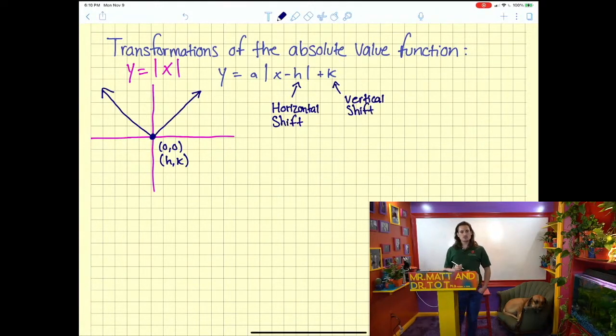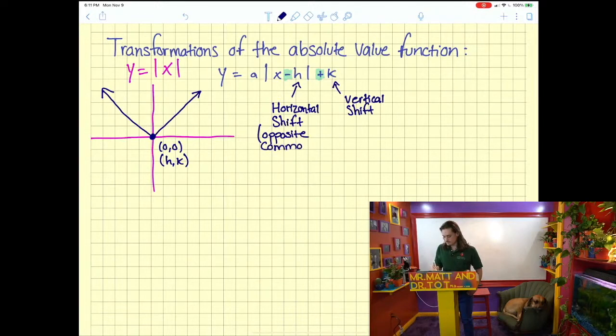Now, what makes it a little tricky is that the h value has a negative sign, whereas the k value has a positive or addition sign in the translational form of this formula. So I like to remember the h value, or your horizontal value, as opposite common sense, because of the negative sign.